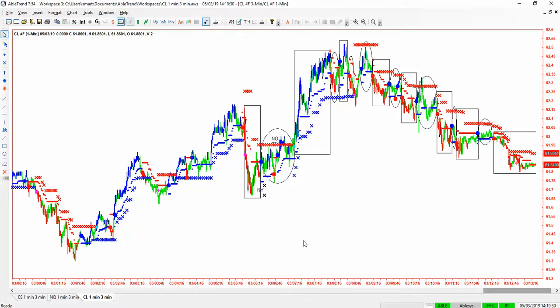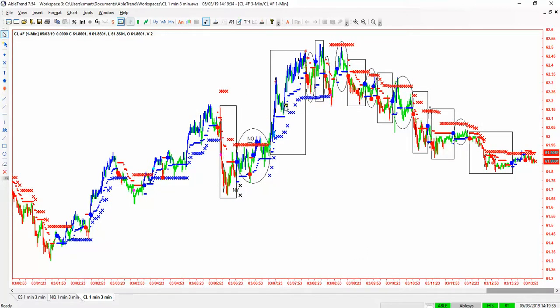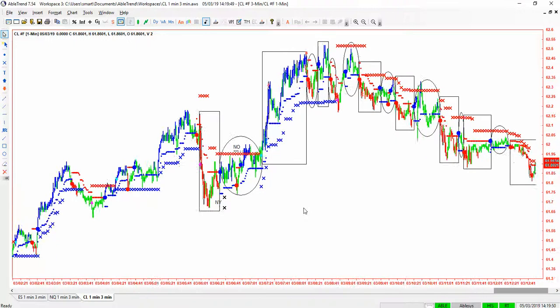How many trading opportunities did we have on here? 1, 2, 3, 4, 5, 6, 7, 8. So you got a few more trade opportunities than you do no trade zones.